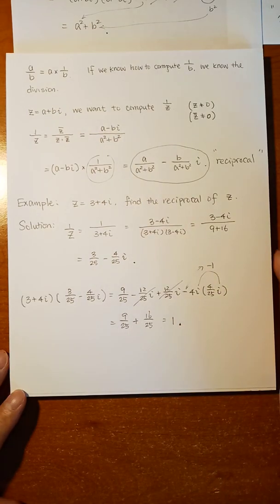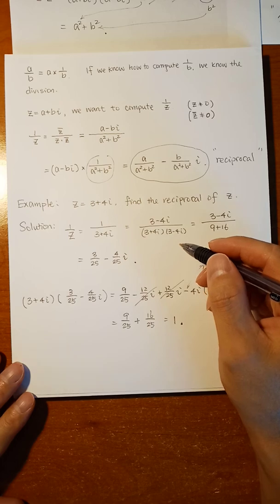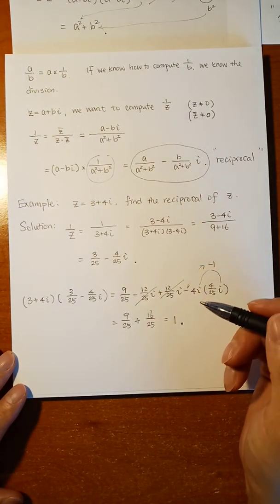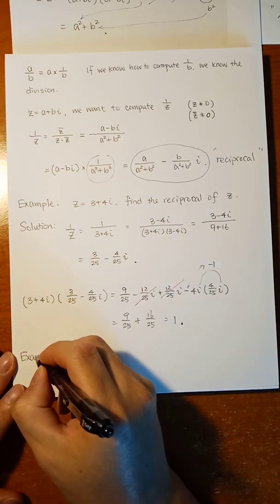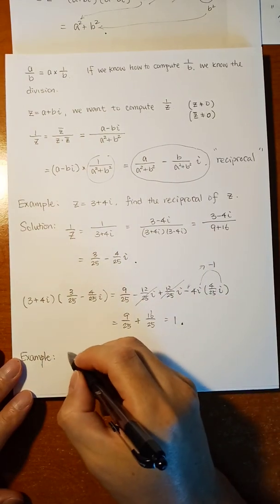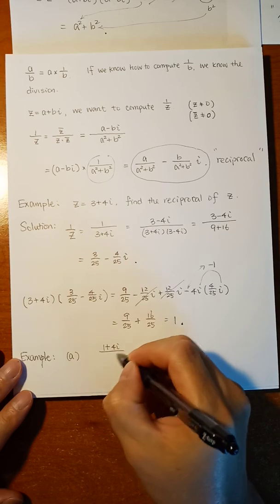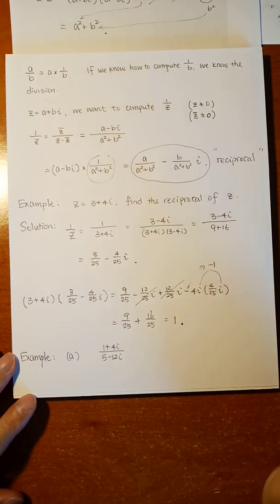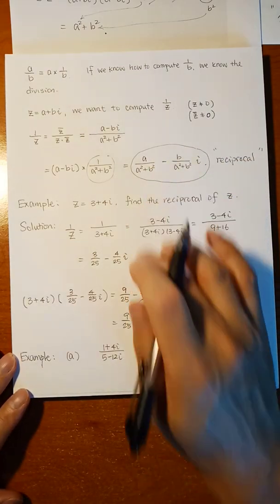Okay, so after you know how to find the reciprocal of a complex number, now let's see the division, or the quotient. First, 1 plus 4i over 5 minus 12i. How do we do this? We're going to do almost the same thing.